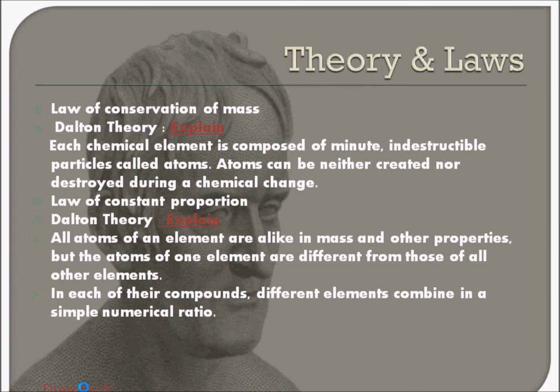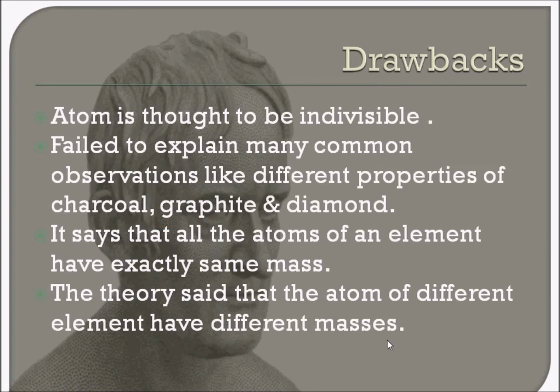Now let's come to the drawbacks. Every theory has some drawbacks. Here the atomic theory first discovered that the atom is the very small particle which made the matter, but it does have many drawbacks, which we have to learn.